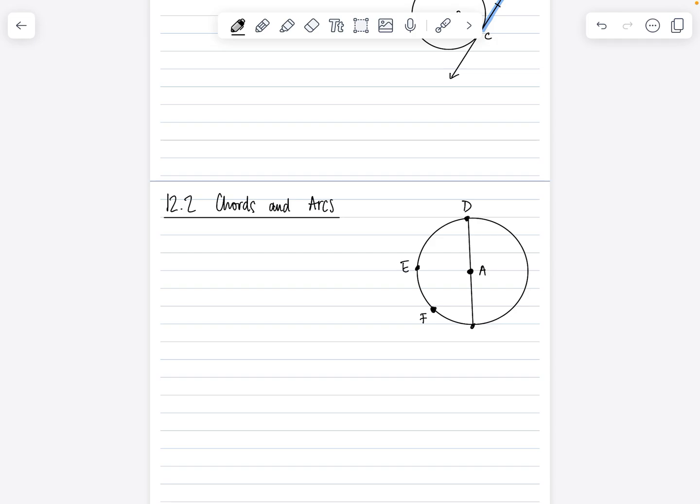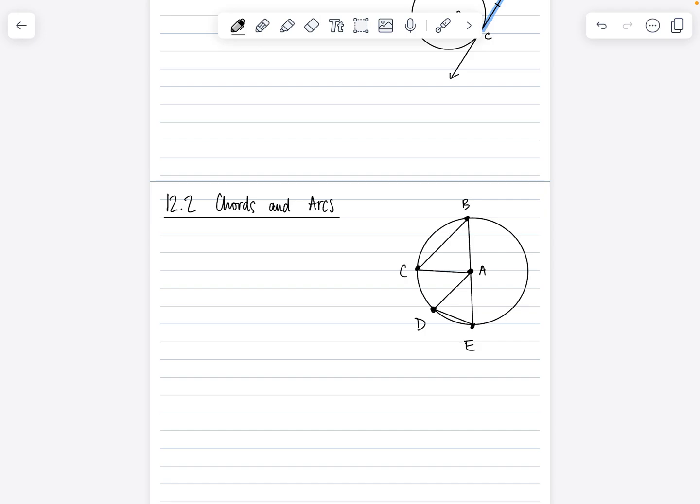I don't know why I didn't use ABC. Let's go through ABC. So A, let's call this B, C, D, and E. So this is a little bit easier. I'm going to draw a chord from B to C. I'm going to draw another chord from D to E.